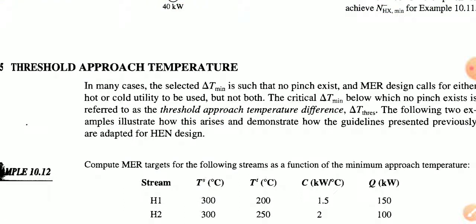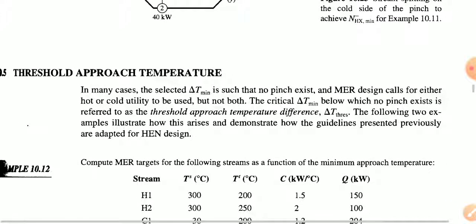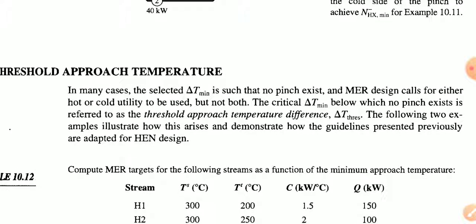Now, threshold approach temperature. In many cases the selected delta T minimum is such that no pinch exists and a maximum energy requirement design is called for, for either hot or cold utility, but not both.